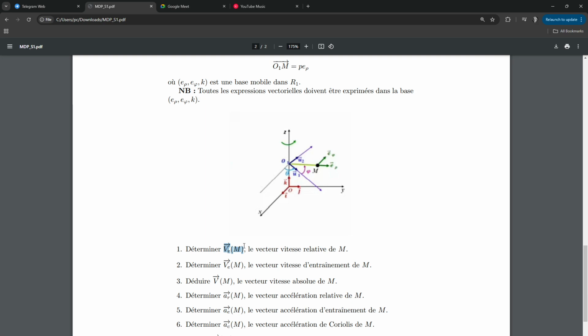Now, the first thing that we want to do, before we even calculate the vecteur vitesse, is to know the position of this point M. How can we keep track of the position of the point M?